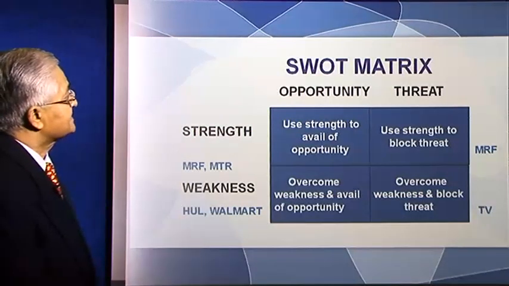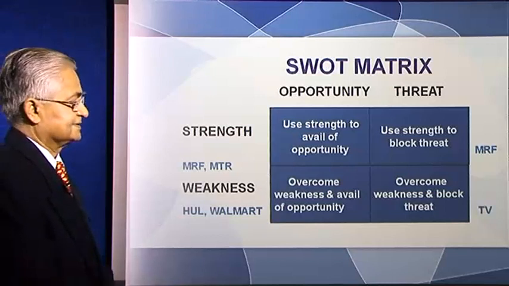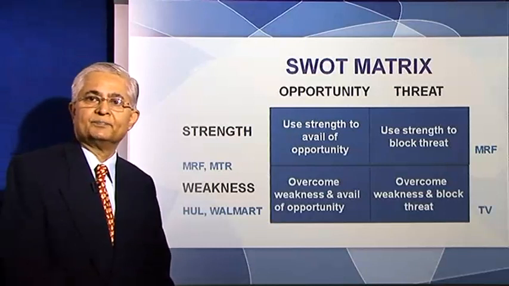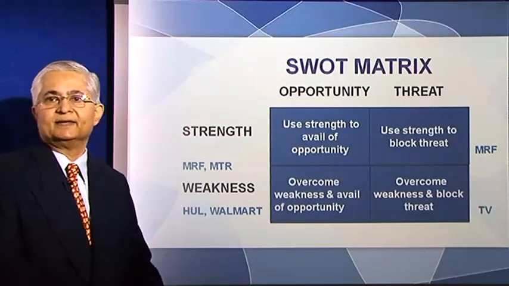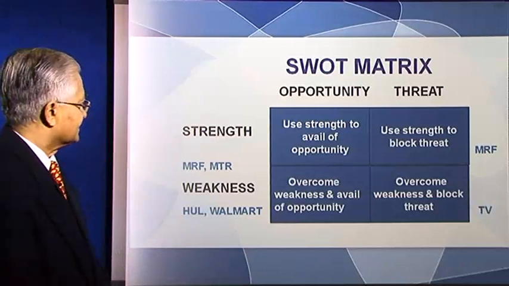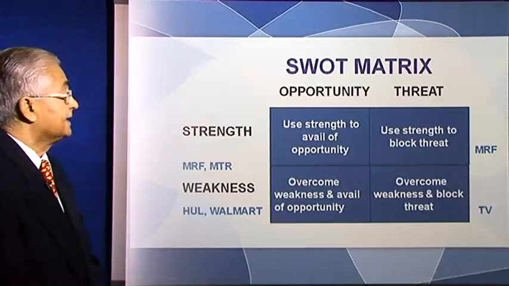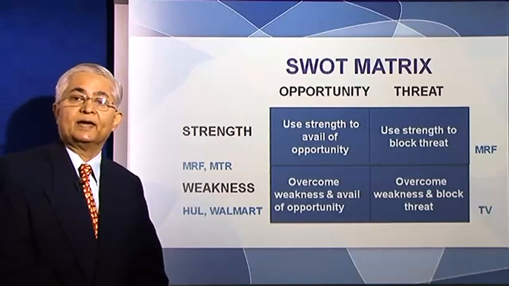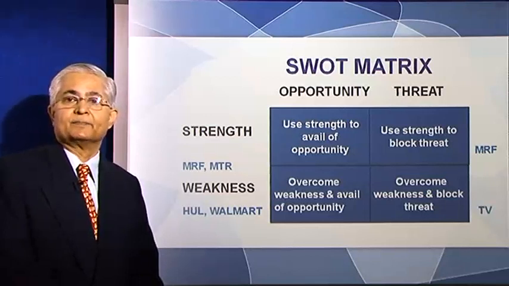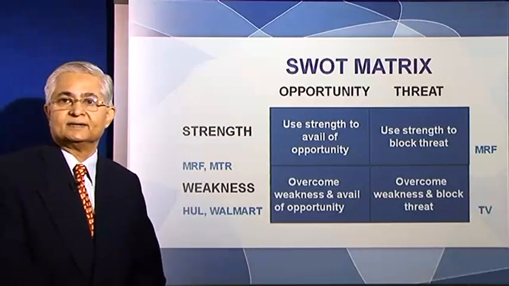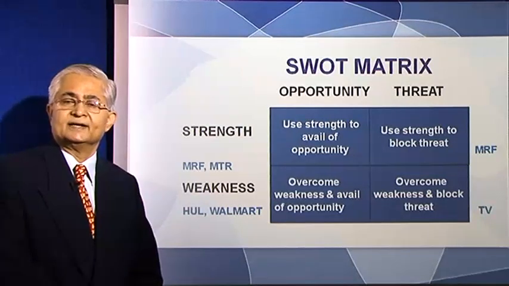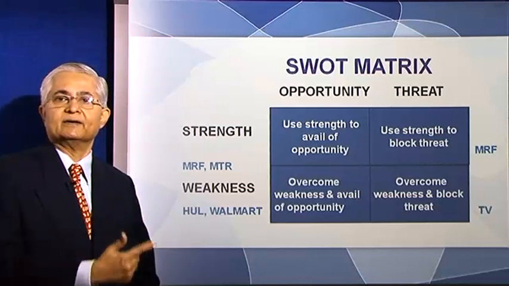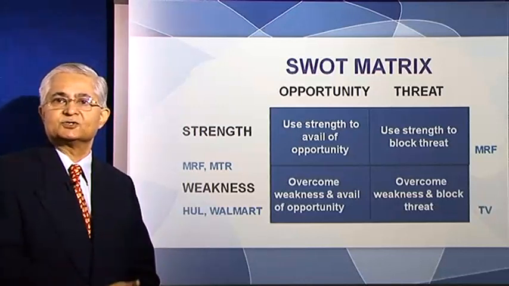Let's look at the first cell where we use strengths to avail of an opportunity. Now, you will recall MRF, being the tire major that it is, had tremendous strength in the automobile industry. In the early days before liberalization, which happened in the early 90s, a car was some kind of a lifetime possession, which required several repaintings to be done.